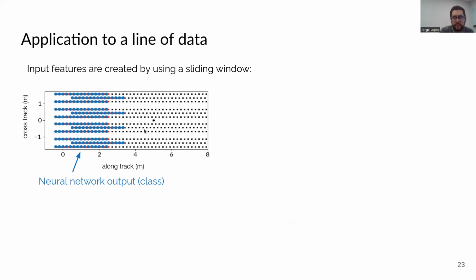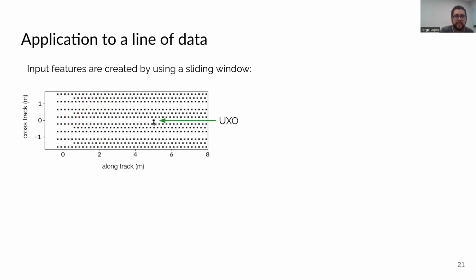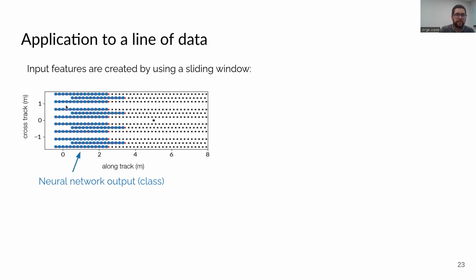Sorry, I forgot to mention that this point is just referring to where we expect to have a UXO here. So of course, when the system is far away from the UXO, we get that the neural network output is labeling everything as background. So this is the blue shown here.